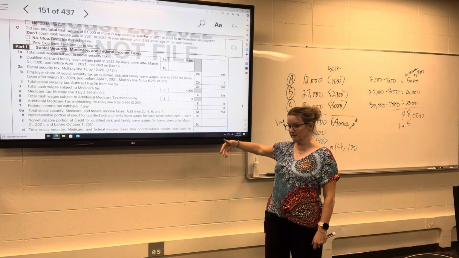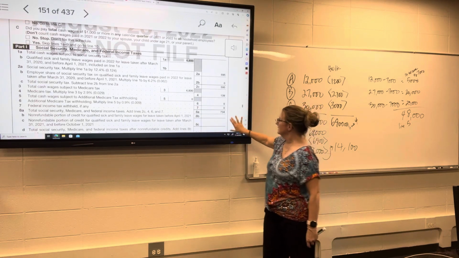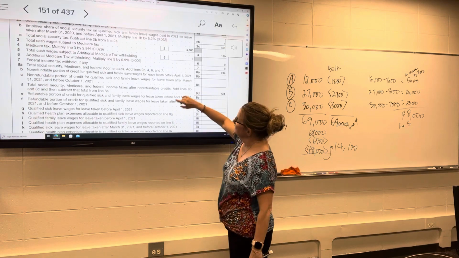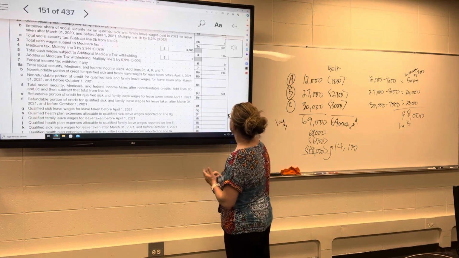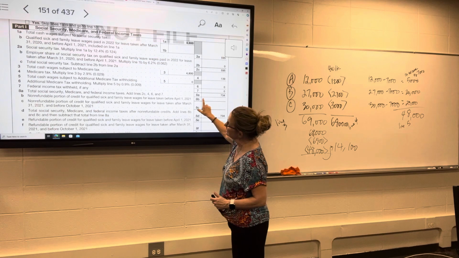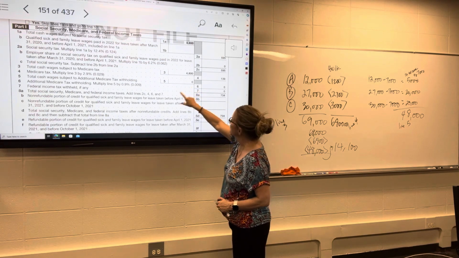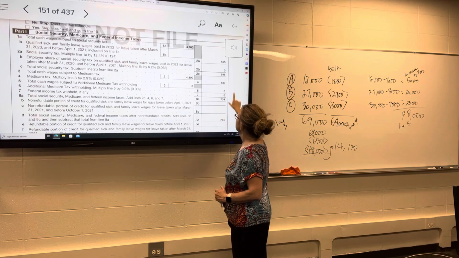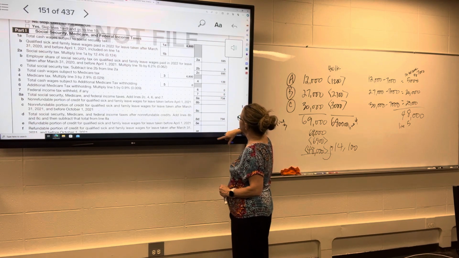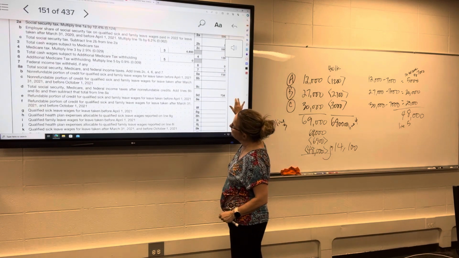They're responsible for paying the other half, right? Total Social Security, Medicare, and federal income taxes. If there was an amount of federal income taxes withheld, where's that? Oh, right here, line 7. In this case, it's just Social Security and Medicare taxes. So 734.